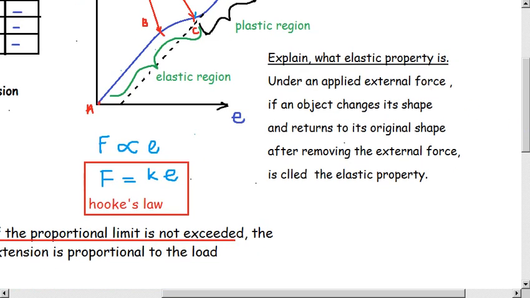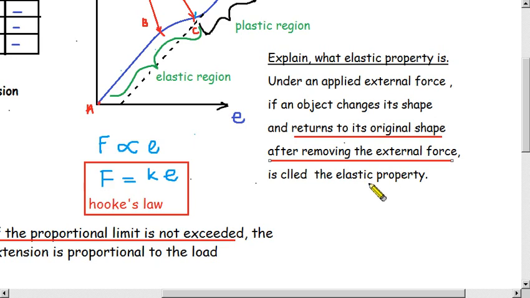This part is also essential, because you won't get marks if you only explain the increase or decrease of the length after applying an external force. That is not enough. You must write that it returns to its original shape after removing the external force.